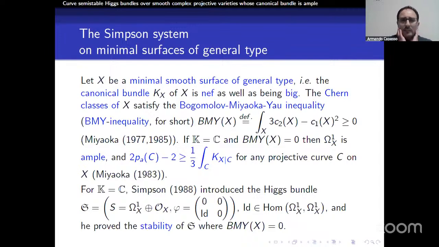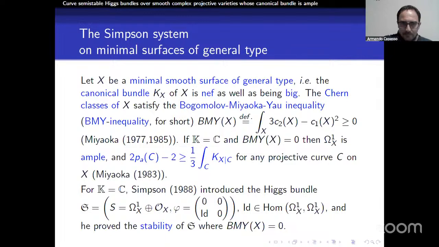In 1988, Simpson, over the complex number field, introduced the so-called Simpson system, which is a particular Higgs bundle given by the direct sum of the tangent bundle of X with the structure sheaf of X, with the Higgs field given from this.